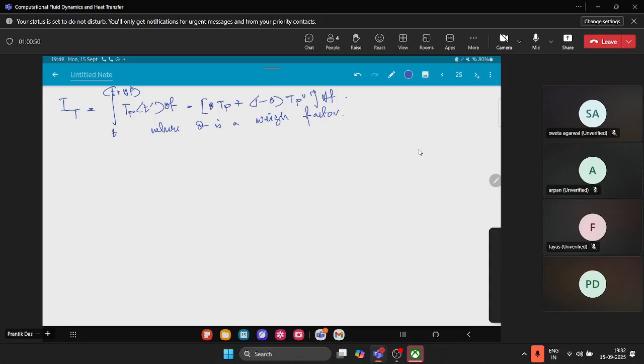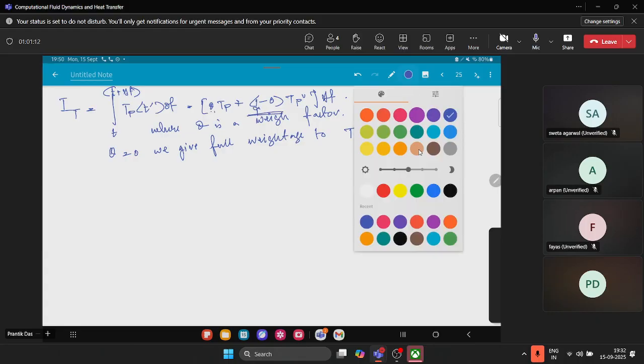If theta equals 0, we give full weightage to Tp equal to Tp naught. So if you put theta equal to 0, then the first term becomes 0, and the second term becomes Tp naught.